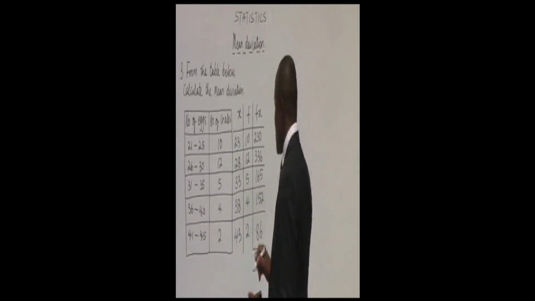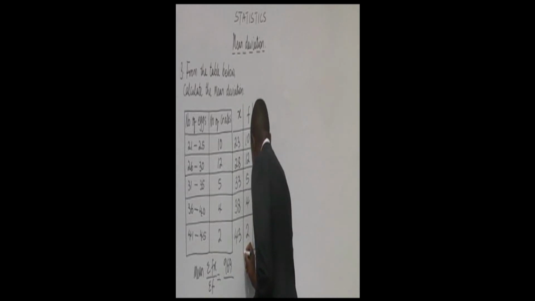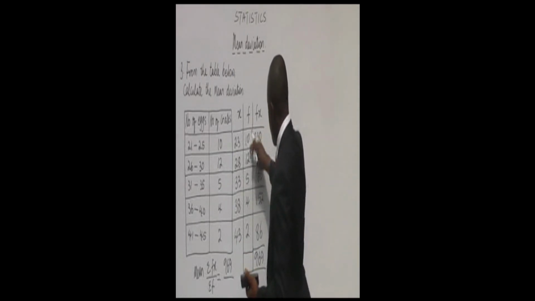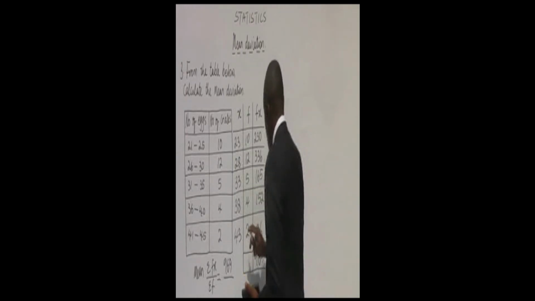Now you know that our mean is calculated by sum of fx all over sum of f. So the sum of our fx is now calculated to be 969. Then we divide it by the sum of the frequencies. The sum of frequencies is 10 plus 12, that's 22, plus 5, 27, plus 4, 31, plus 2, 33.